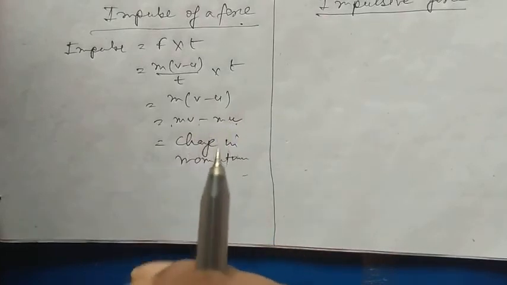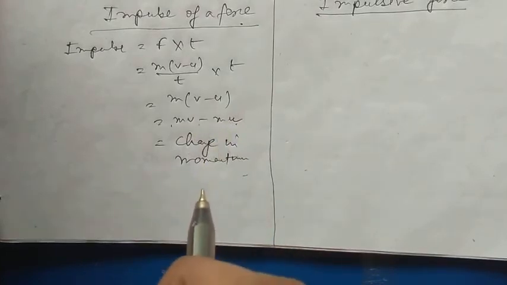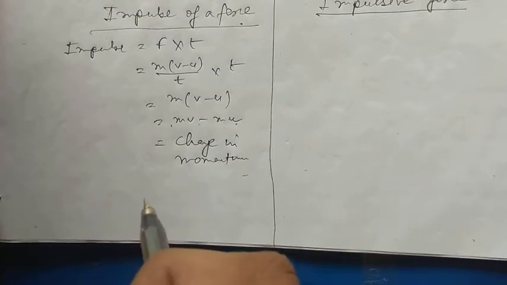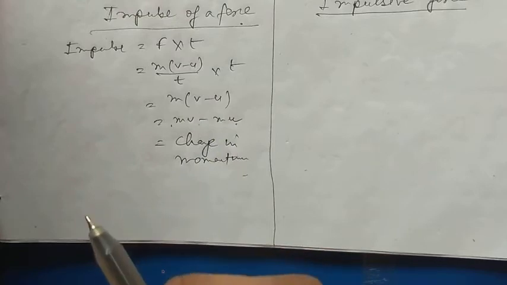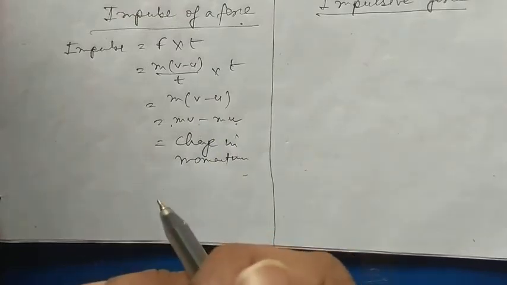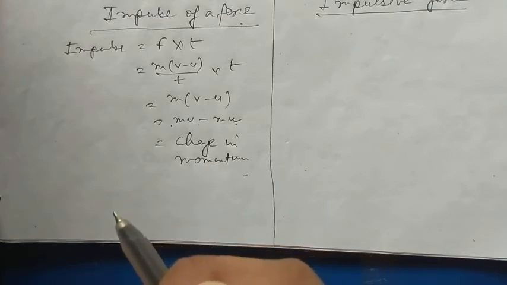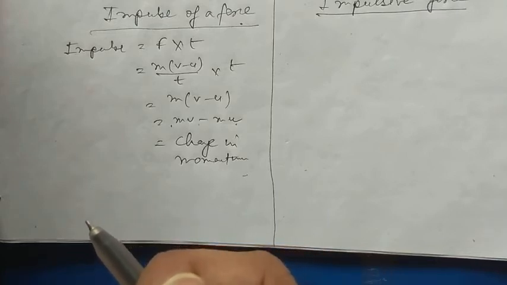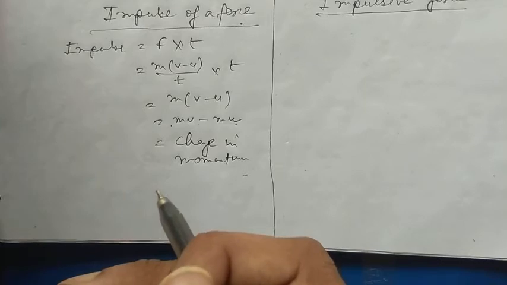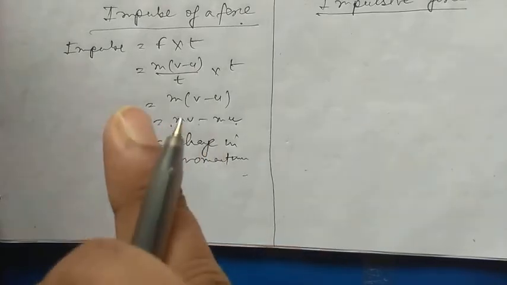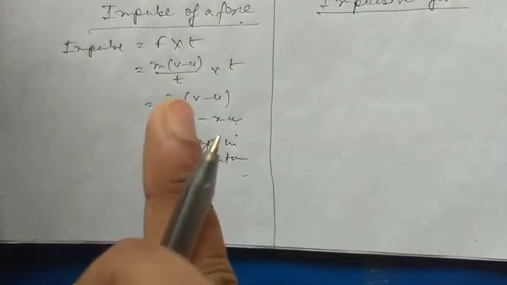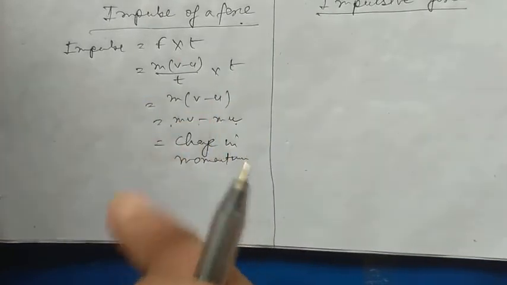Now the change in momentum of a body is equal to the impulse of the force acting on it. Definition of the impulse of a force: for a constant force acting on the body for an interval of time, the product of the force and the time interval is the impulse of the force, or simply the impulse.